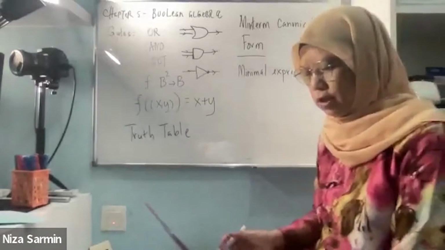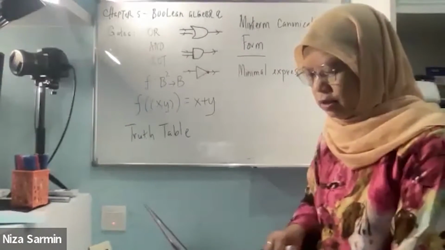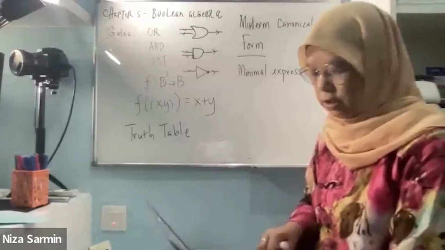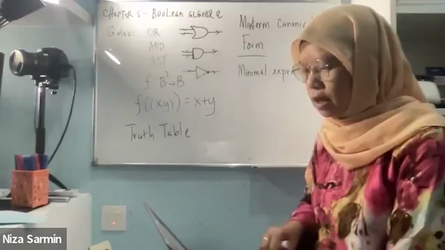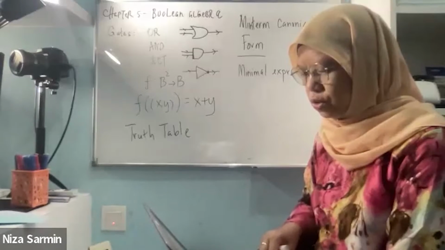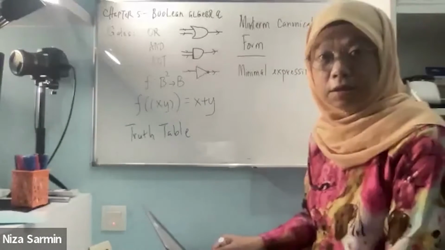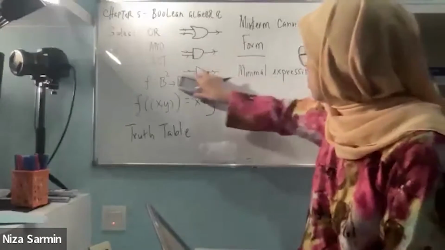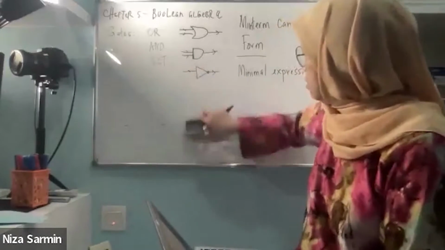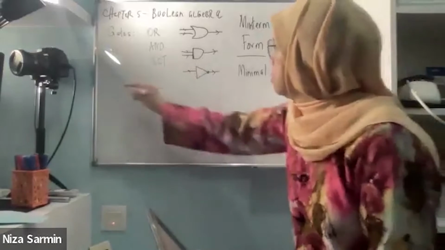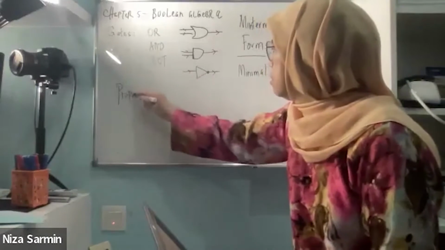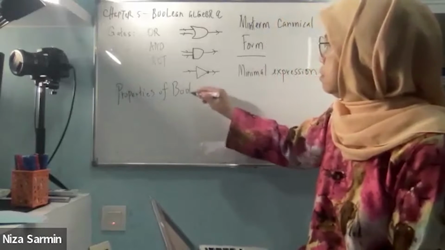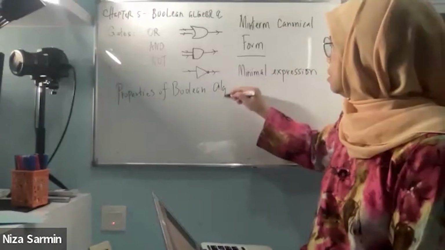Okay, so this is what we want to do today to sum up everything from this chapter. Also, I've gone through all the properties of Boolean algebra.